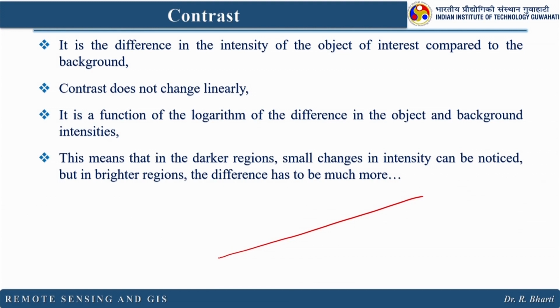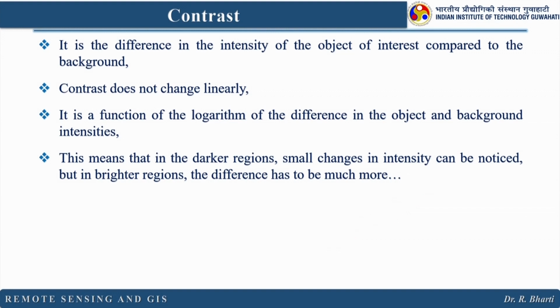But if the whole background is of the same color, then what will happen? You will not find it. Or if I make this line a little bit of white shade, white to black shade, then your visibility or perception will change. So that is the point.